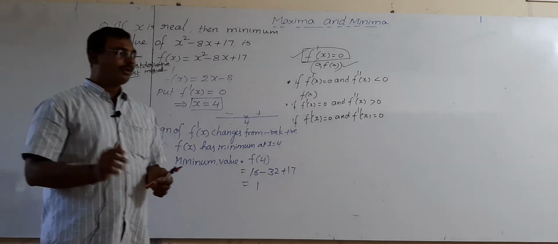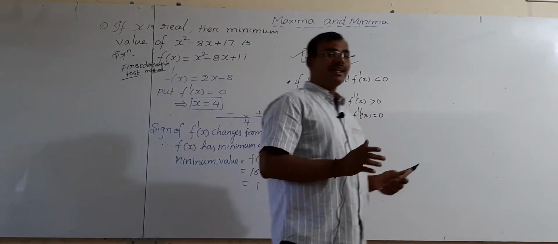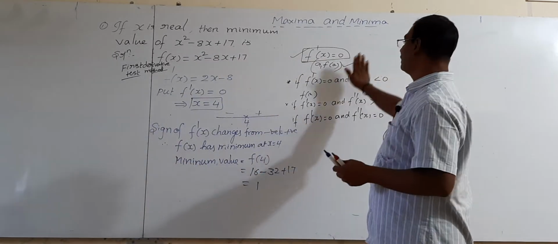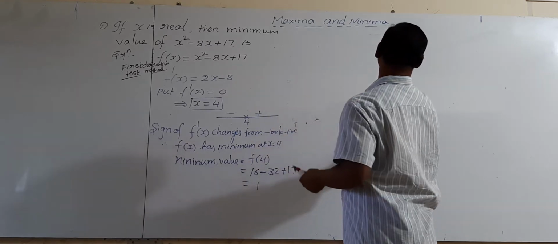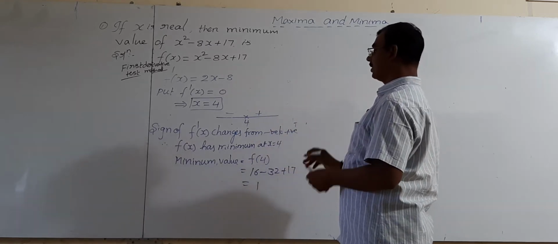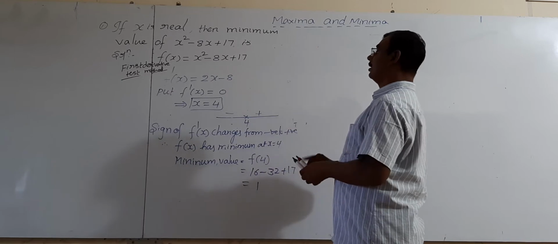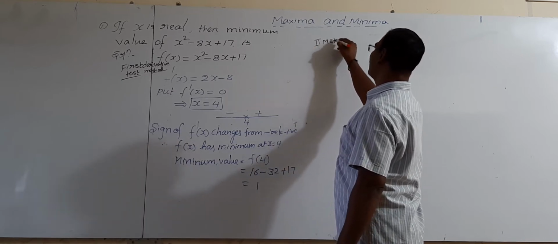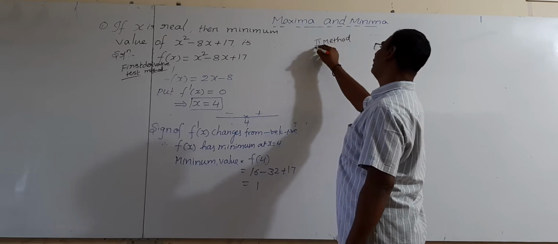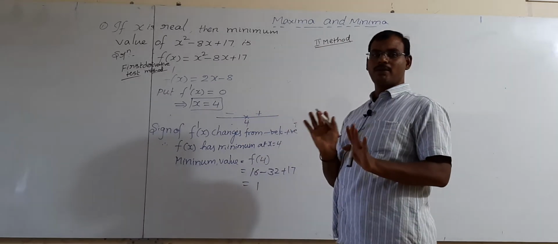If you want the second derivative test method, how do I calculate using the second derivative test? I follow the second method. You can use any method in the exam. We do not follow a particular method.